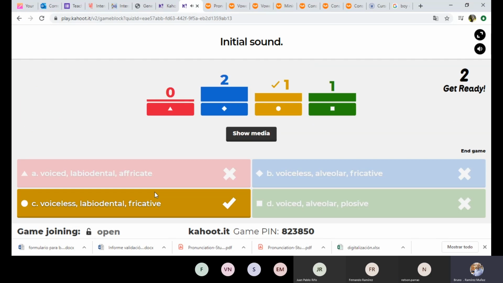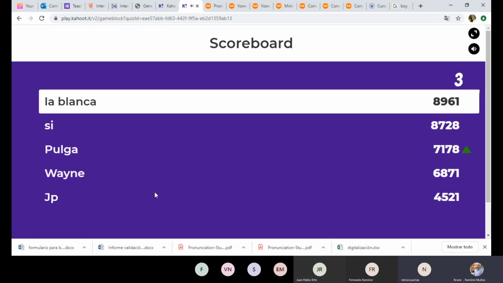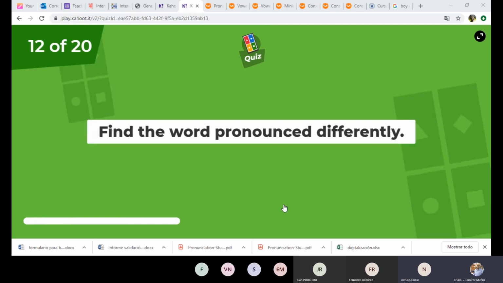Voiceless labiodental fricative. Finger. Yeah, finger. I started thinking in hand. Okay, I think it was too slow, right?